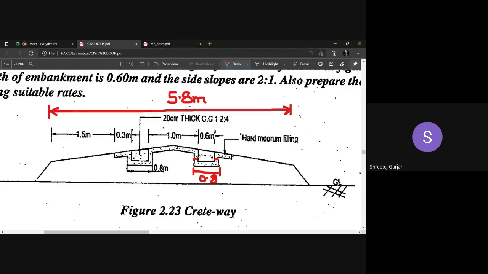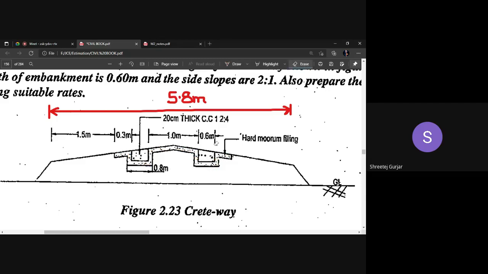It is the same for all of it. How much? 0.1, sir. So how have you got 0.1? 0.8 minus 0.6 divided by 2, that is 0.2 divided by 2, which is 0.1. So 0.1 is this thickness, and it is continuous throughout. Remember that the thickness of your hard muram is 0.1. So thickness is done.